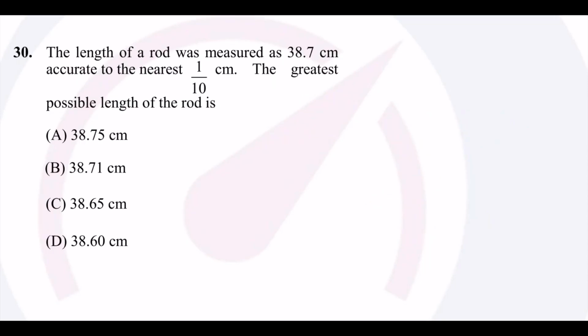Question 30. The length of a rod was measured as 38.7 centimeters accurate to the nearest 1/10 centimeter. The greatest possible length of the rod is. Alright, so a question like this, I don't think they still have these type of questions, but I'm going to work it nonetheless. So the accuracy is 1/10, which is equal to 0.1 centimeter, right?